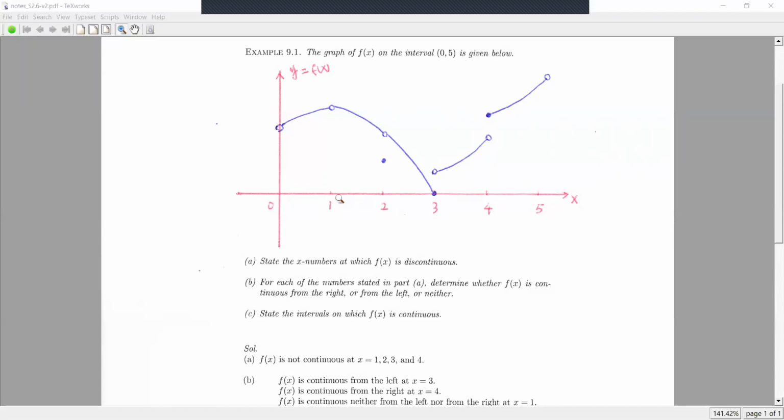At point 1, the function is not continuous from the left side because open dot. Not continuous from the right side because open dot. At 2, the function is not continuous from the left side because open dot here. Not continuous from the right side because open dot here.